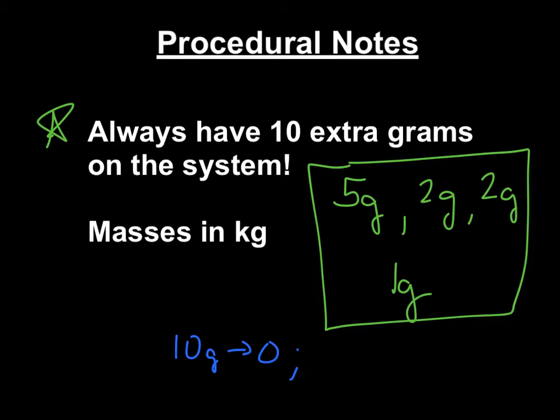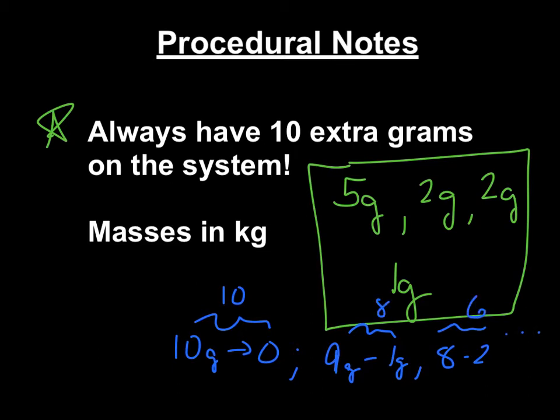Then your next run, you'll have 9 grams and then 1 gram extra on the other, then 8 and 2. You'll notice that if you're looking at these mass differences, here you have 10, here you have 8, here you have 6, all the way down to 2 grams. Also note that when you calculate newtons, put your masses in kilograms.